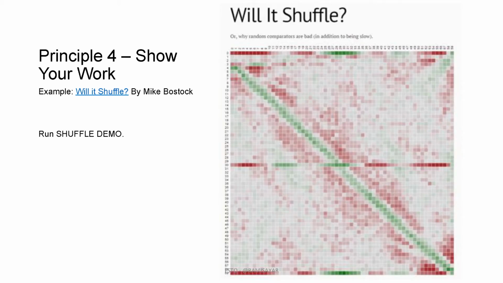Here's another example. Are you guys very interested in sorting algorithms, anyone? One person, 2 people, yes. Okay, so if you do shuffling, how you compute random numbers is really important, because that will help you shuffle things. Some ways to do it are better than others. Here's an example by Mike Bostock where he shows how some comparators are not very good, because they give you a very positive bias for some types of numbers.